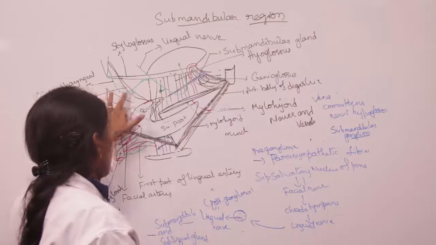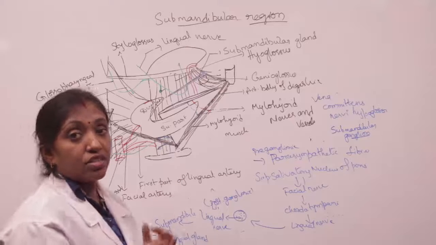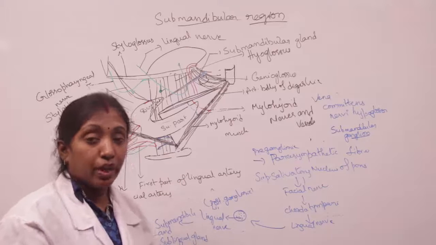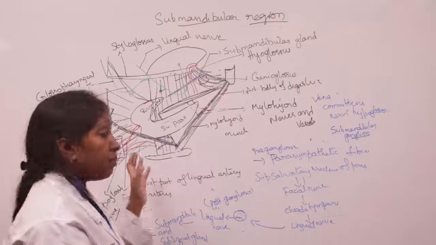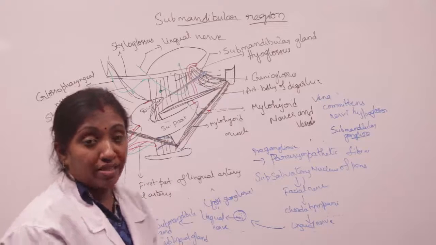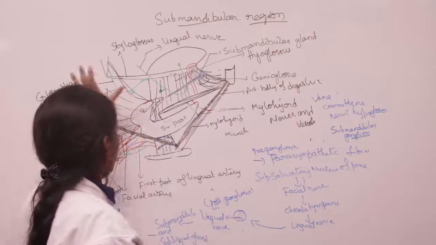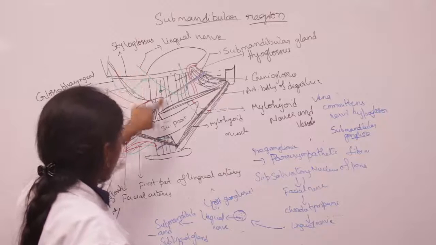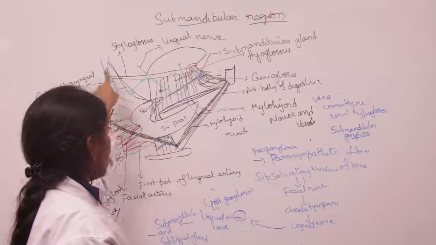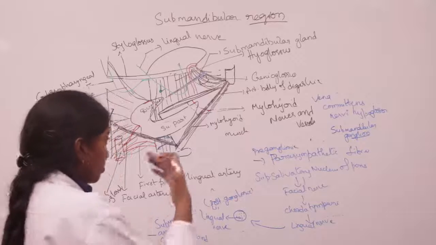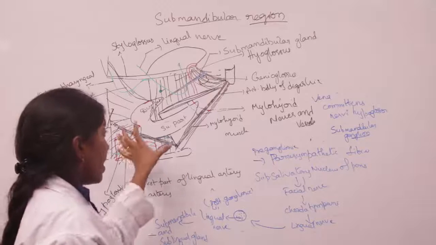Here in this region it gives carotid branches and also mandibular branches. So three nerves are present here: the lingual nerve, hypoglossal nerve and glossopharyngeal nerve. So that's about the submandibular gland.